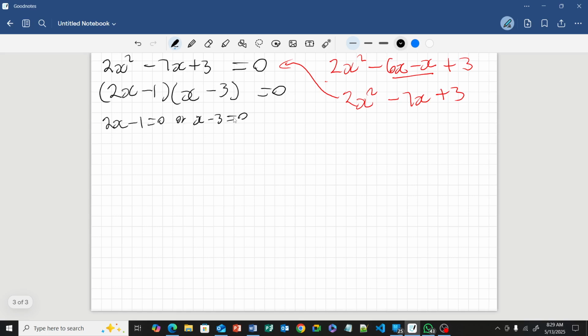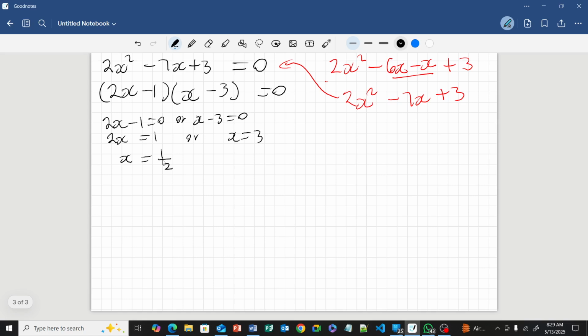Therefore, 2x equals 1, or x equals 3. That side I'm done. Here I will need to go a step further. x equals 1 over 2. Alright.